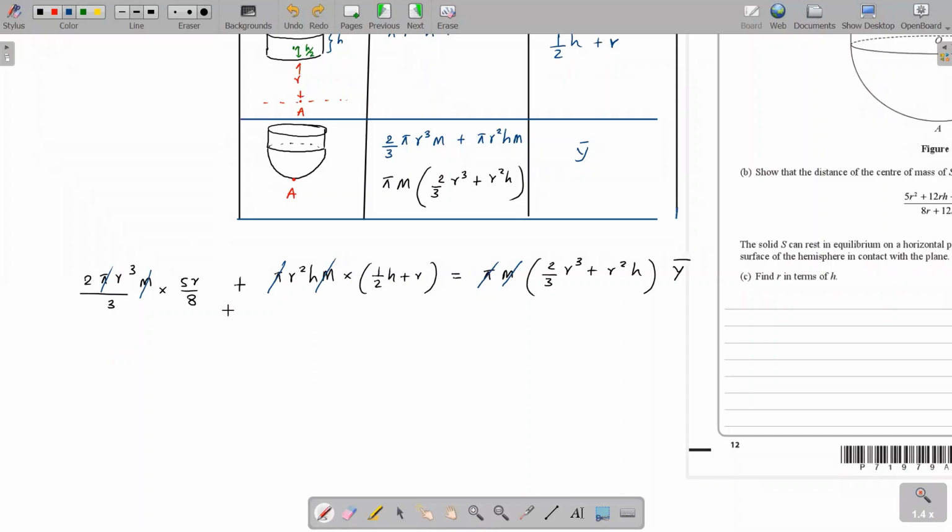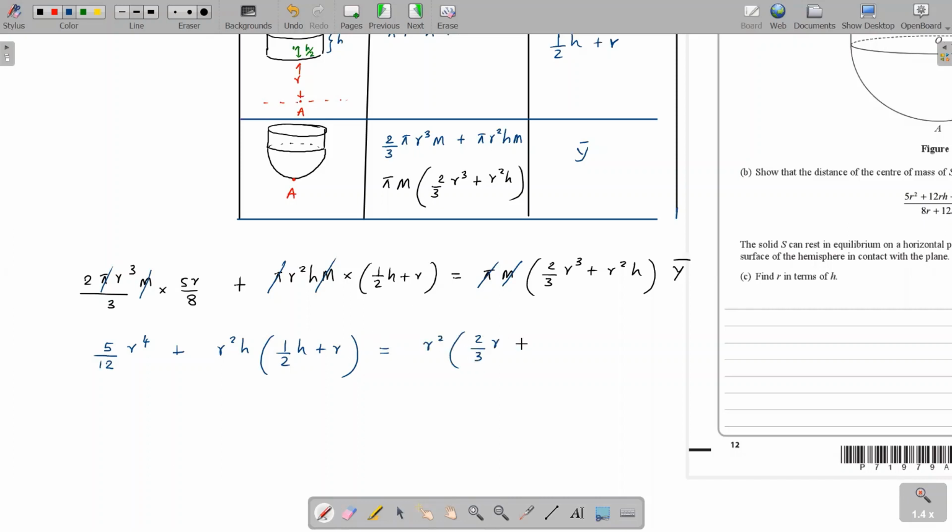Can you multiply 2/3 into 5/8? What's the simplest answer? This gives me 5/12. Is that correct? 5/12 r to the power 4. This part I get r square h times half h plus r. Is that okay?